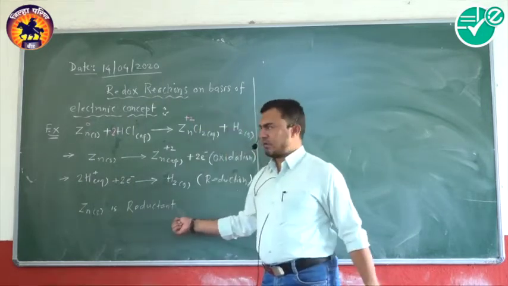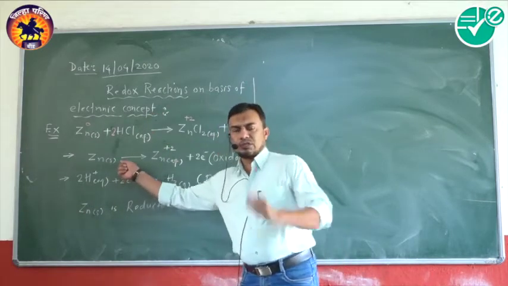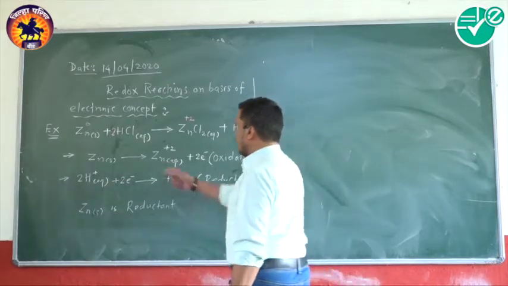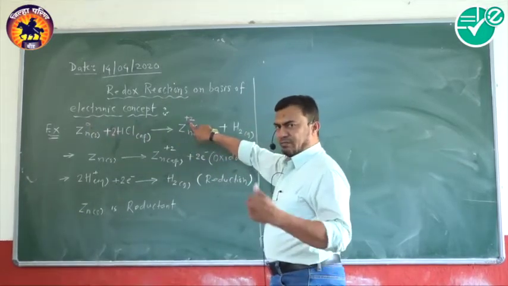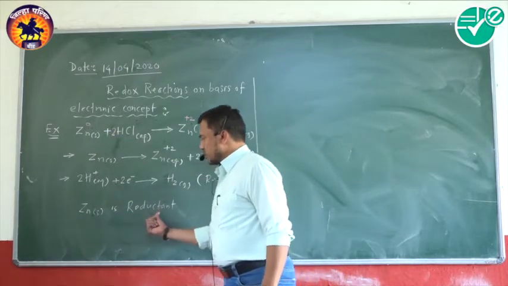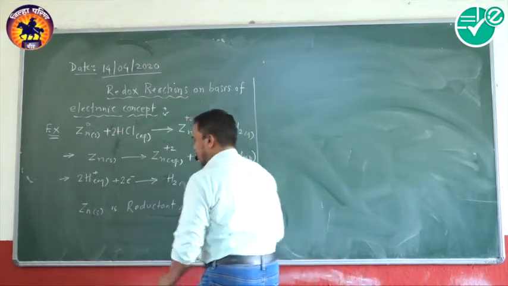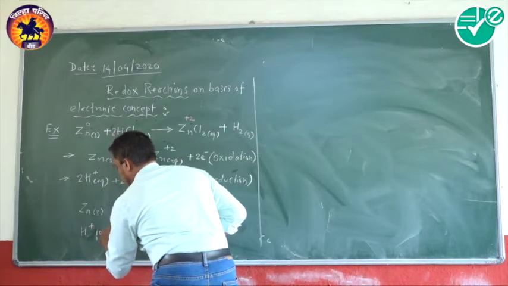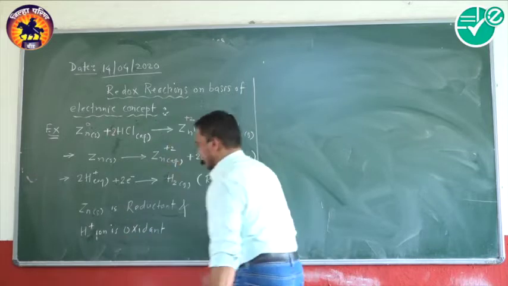One more thing you have to remember: on the basis of the electronic concept, if a species increases its oxidation number, that is, from 0 to +2, that means the oxidation number increased, so the species is called a reductant or reducing agent. And here the H+ ion in aqueous solution acts as an oxidizing agent or oxidant.